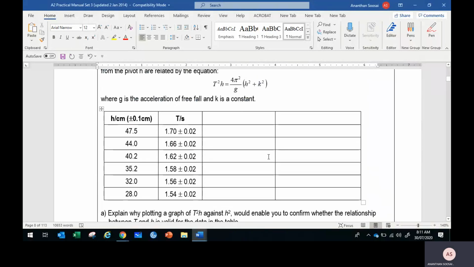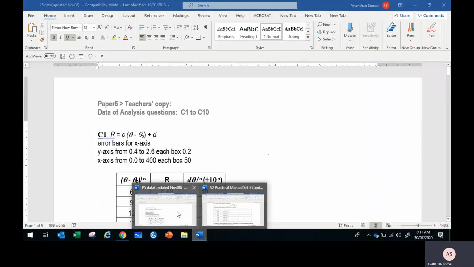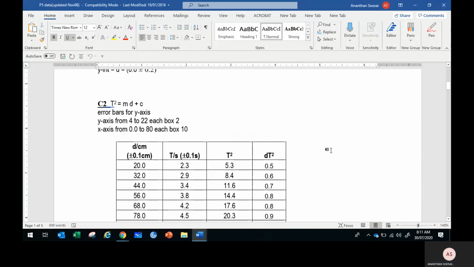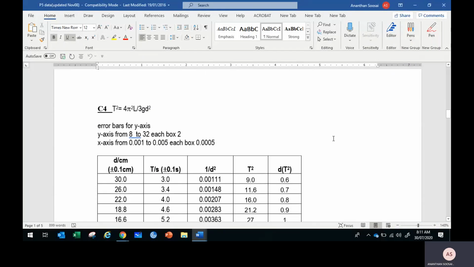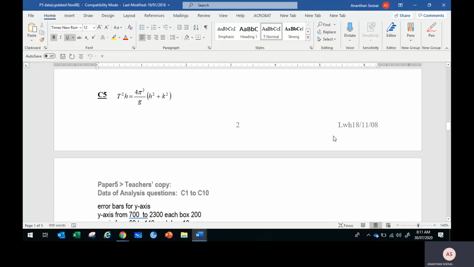Okay, so the data you should get about the gradient, I think I showed you that day. This is the equation, right?